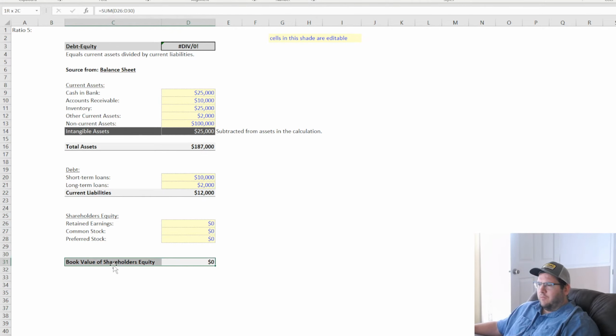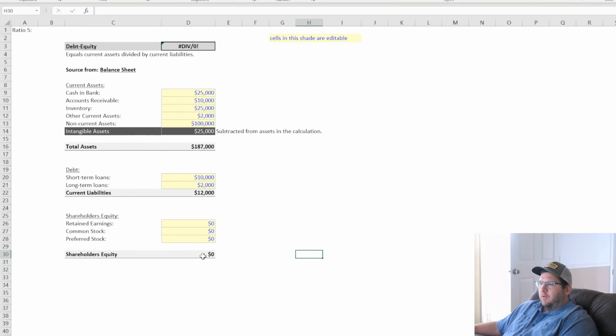And now we're not going to say book value, we're just going to do total shareholders' equity. And this has to equal, assets have to equal liabilities plus owner's equity. I'm not sourcing this from raw transactions, so I'll just do a filler calculation here. So this has to equal this.